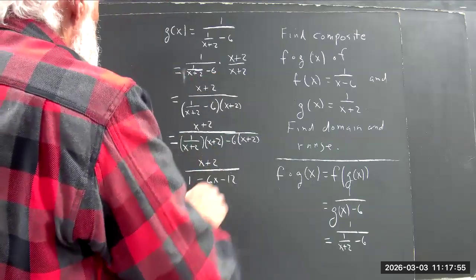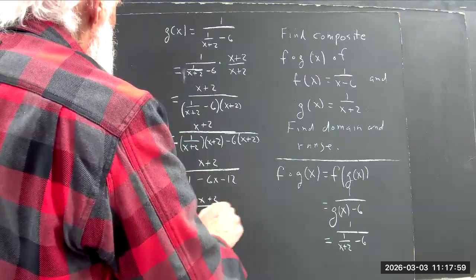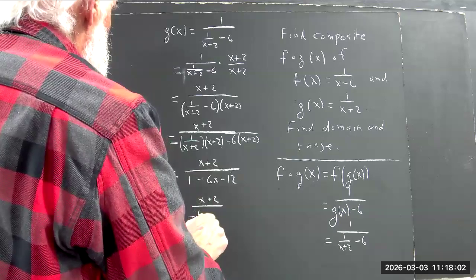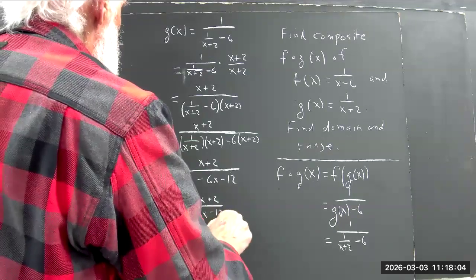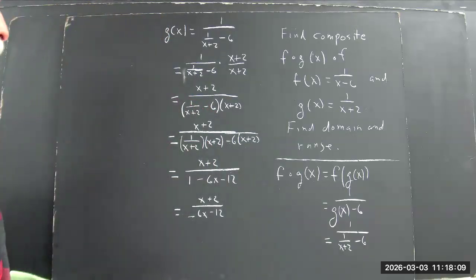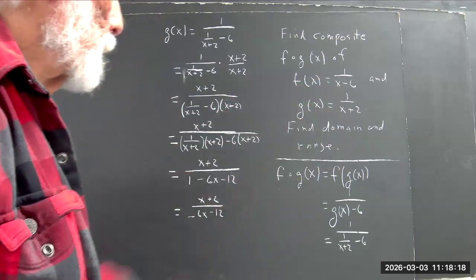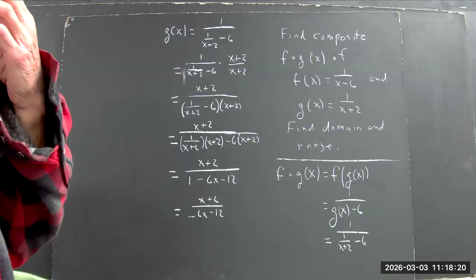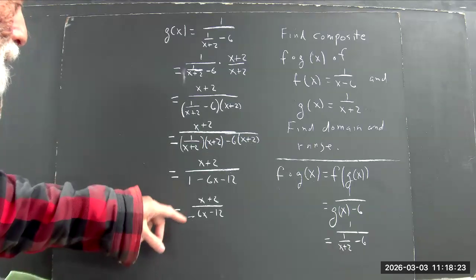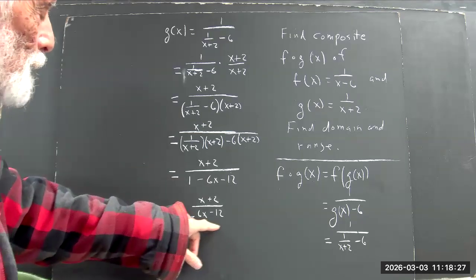Numerator still x plus 2. So we have x plus 2 over negative 6x minus 12. And that came out in a way that I did not intend. I randomly picked numbers in the denominator here, and it turns out that x plus 2 evenly divides it.